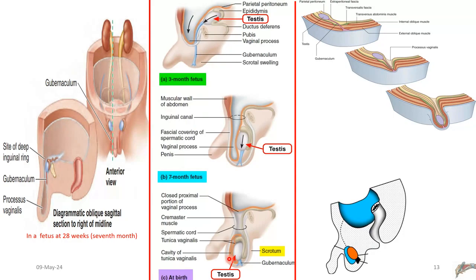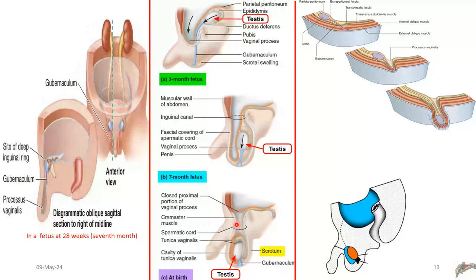This distal part that remains is going to form what we call the tunica vaginalis, a double-layered sac that wraps around the bigger part of the testicle.